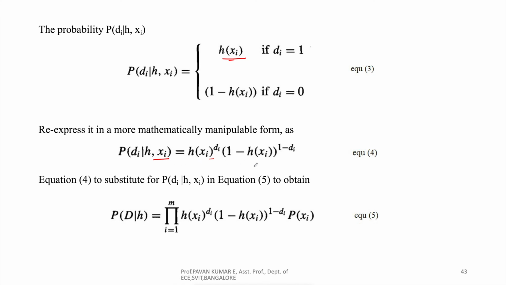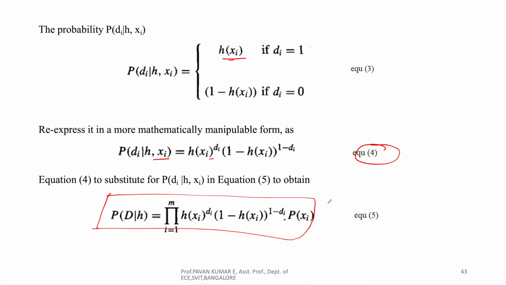So substituting your equation, I can write it in common form as the probability of D given h equals the product for i equal to 1 to m of h of xi to the power of di, into 1 minus h of xi to the power of 1 minus di, into P of xi. So this is the final equation.